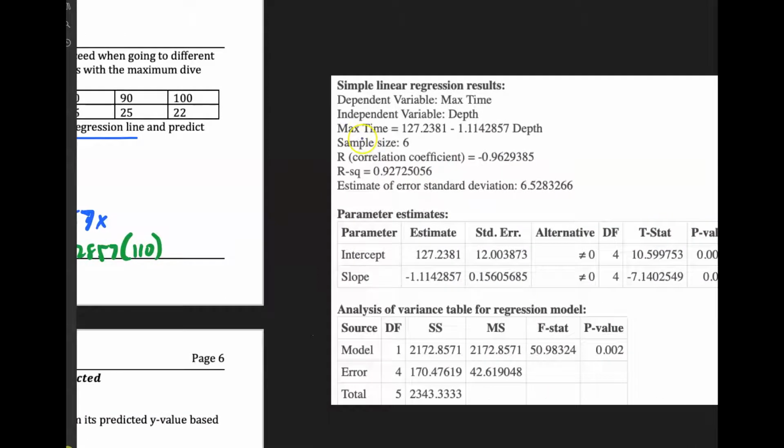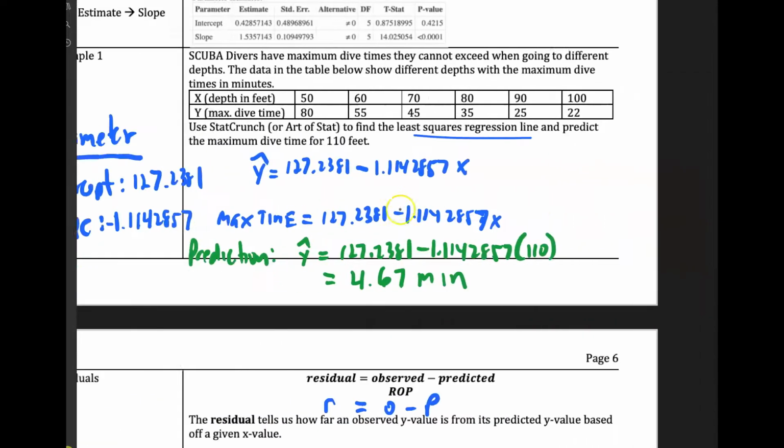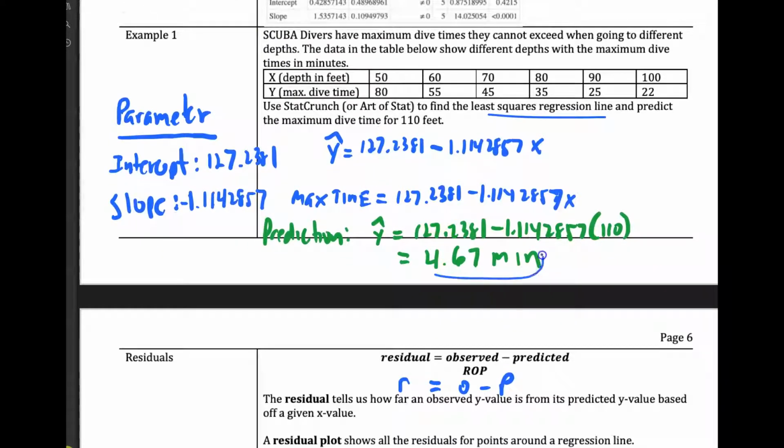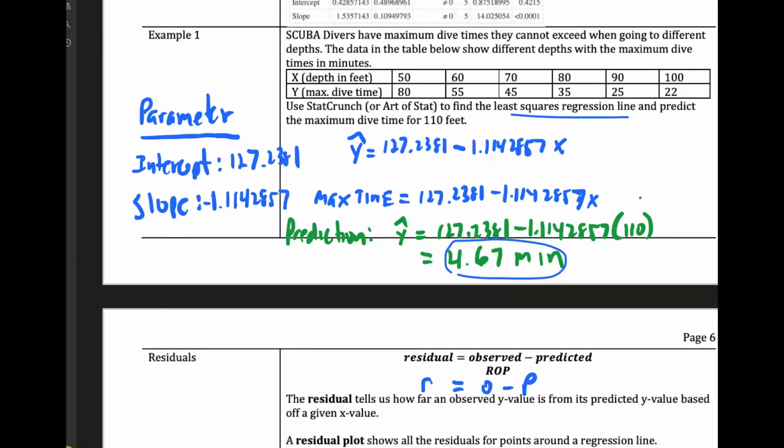Notice StatCrunch likes to write, instead of x and y, the variable names. So you've got to remember what your x and y are. You have your equation, you substitute it in, use your calculator, substituting the x value into x, and you get 4.67 minutes for 110 feet. That would be our predicted.